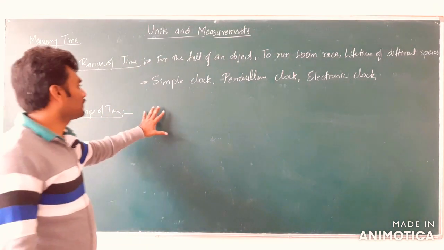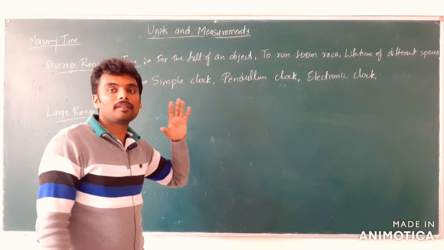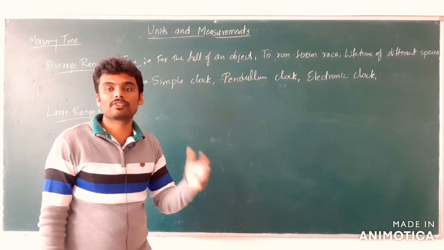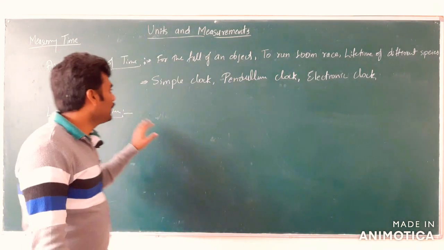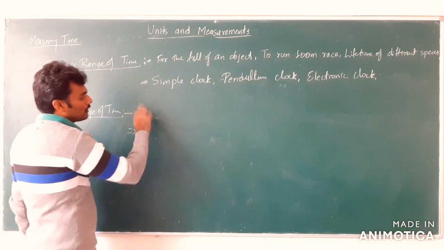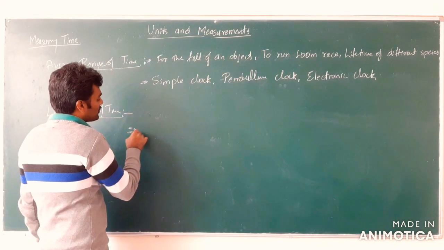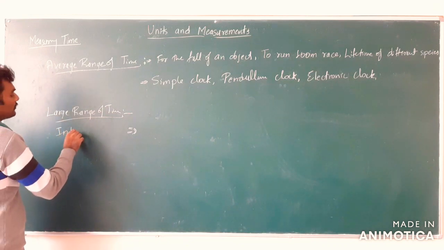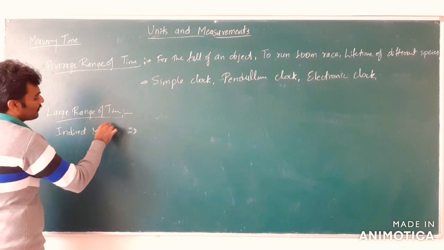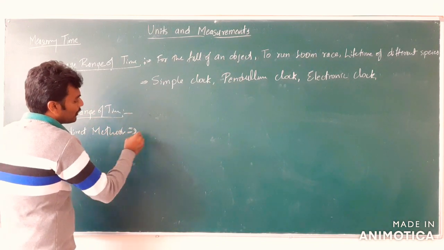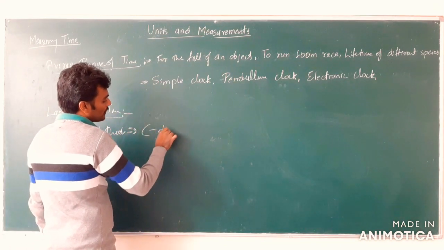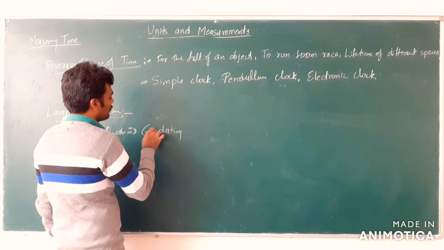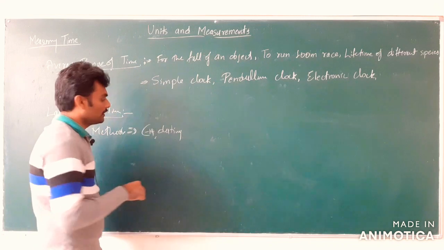So large range of time is the age of planets, age of earth, age of moon, age of star, etc. And all those different times are measured using different indirect methods, by carbon dating. We call that C14 dating. Carbon dating is done.